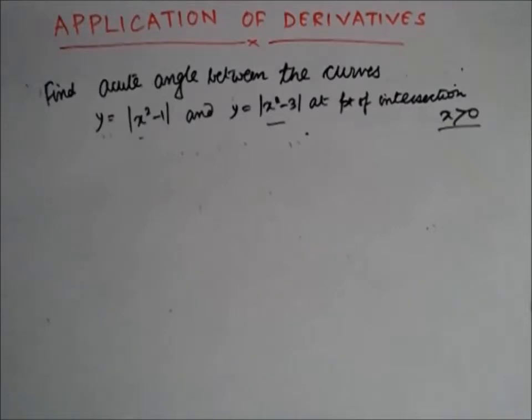So the question is, find the acute angle between the curves y equals to mod of x square minus 1 and y equals to mod of x square minus 3 at the point of intersection, given the fact that x is greater than 0.